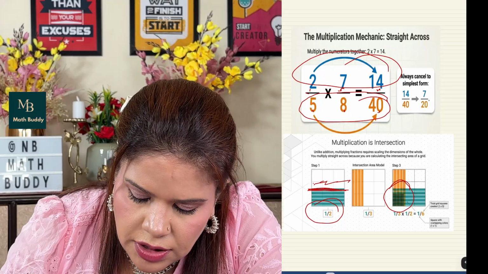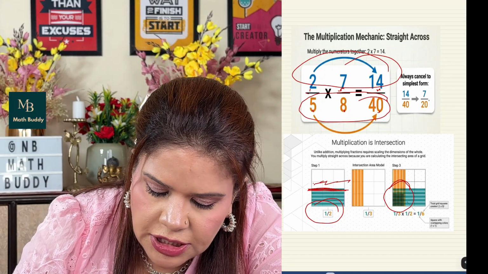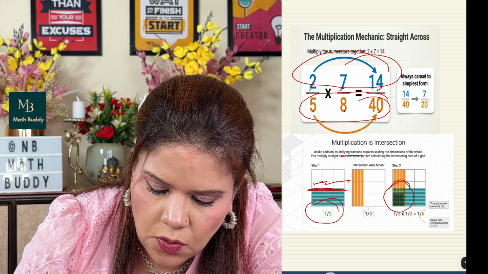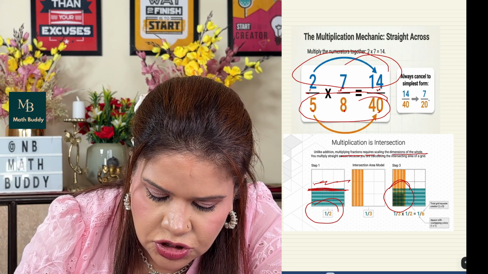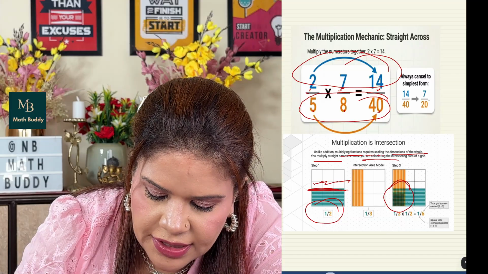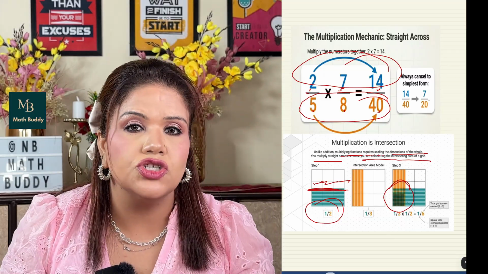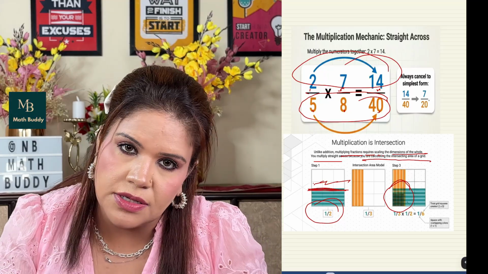So this is telling me that unlike addition, multiplying fractions requires scaling the dimension of the whole. You multiply straight across, but you are calculating the intersecting area of the grid, and this shows a reduction in numbers.